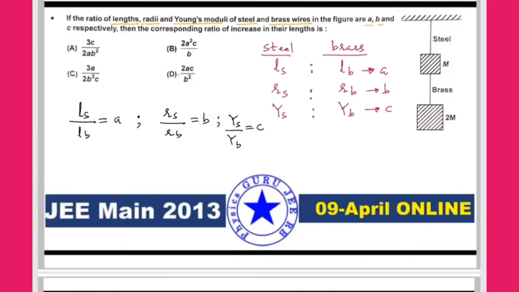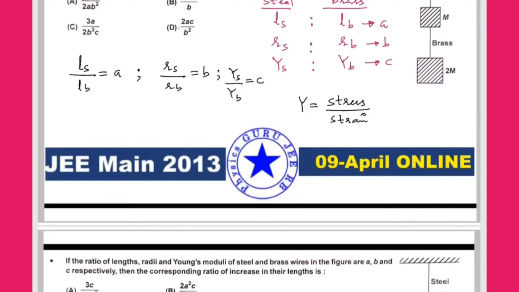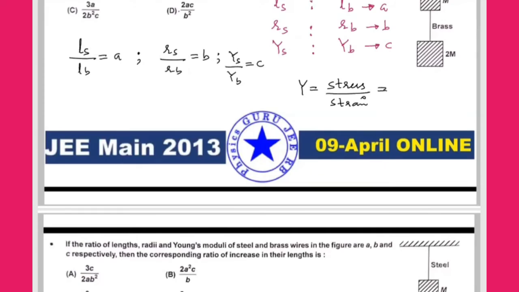So we use now the Young's modulus equation. Y is equal to stress divided by strain. Hope this is clear. Now this can be written as stress, tension T divided by area, divided by delta L by L, or I can write T divided by pi R square, divided by delta L by L. Now we want to write delta L from here.